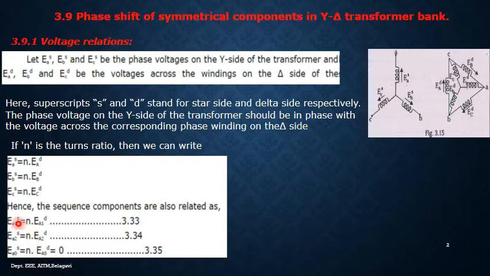So the voltage referred to the star side for positive sequence is equal to the number of turns times the voltage referred to the delta side for positive sequence, and likewise for the negative and zero sequence. These are the equations we are going to retain with the help of these basic equations.